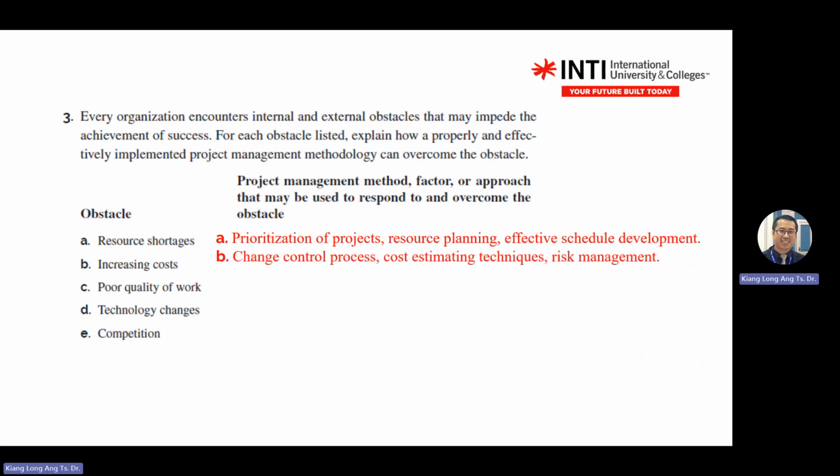Then this one, increased cost. For increased cost, you use project management methodology, meaning you use the tools. What are the tools? You use control process, you use estimation technique, you use risk management.